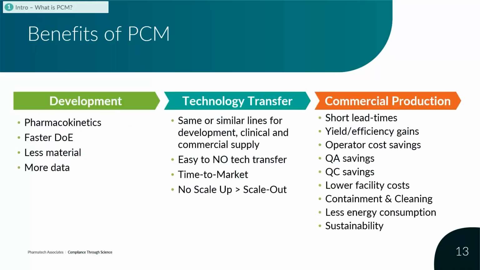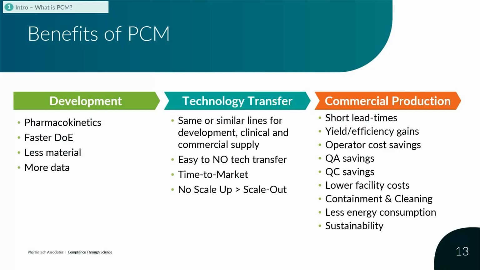What are the benefits? Very quickly, in the development space, of course, a known benefit is faster DOE, because you can adjust process parameters on the way you transfer or process the material, and you can so much quicker see the effect.